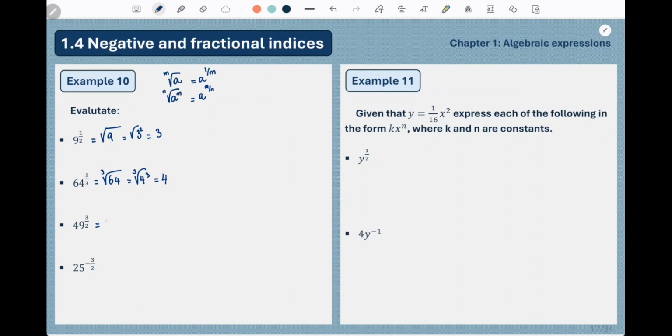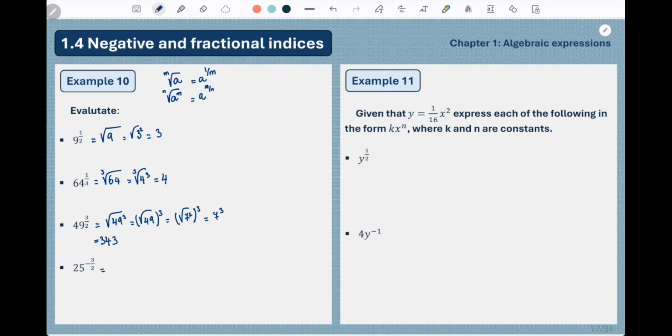So this becomes a square root of 49 to the power of 3. 49 is 7 squared, so it's 7 to the power of 3, and we can simplify that to become 343.